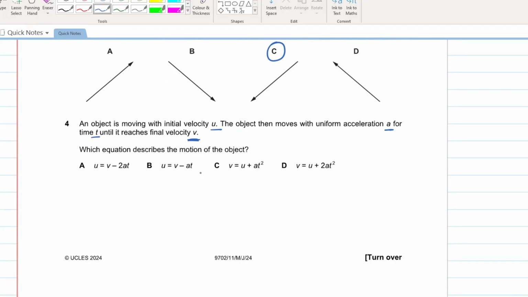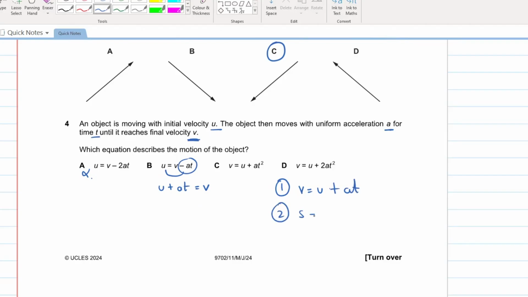Can you see A is not an equation of motion? If you analyze, B is your equation of motion, because if you take negative at to the other side, it will become u plus at is equal to v. Yes, this is an equation of motion that we have studied. Do you remember the four equations of motion that I taught you? v is equal to u plus at.